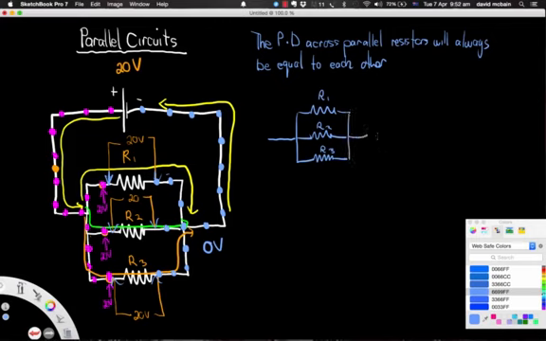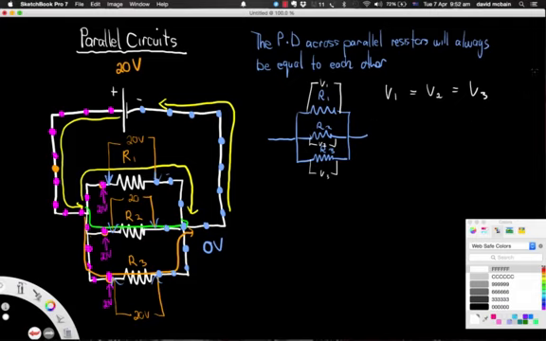They're resistors in parallel, then the voltages across them, V1, V2 and V3, will be such that V1 will always equal V2, which will always equal V3. And if there's no other components in the circuit, they will also equal the battery voltage. But if there's other stuff happening in the circuit, that won't be true.